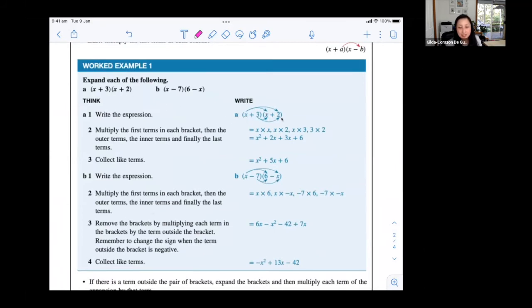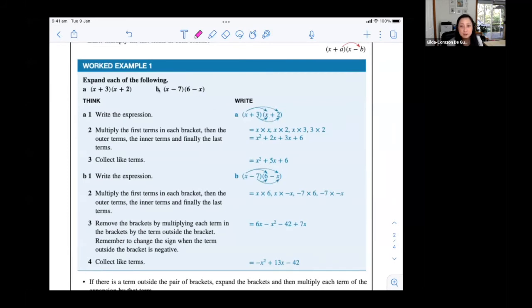It helps when you write them down, just like what we did a while ago. And then you have your first terms, outer terms, inner terms, and then last terms. And then you simply combine the two middle terms, 2x and 3x, gives you 5x. This one here, you can't combine anymore because all these terms are unlike terms. That's the simplified form when you multiply these two binomials, okay?